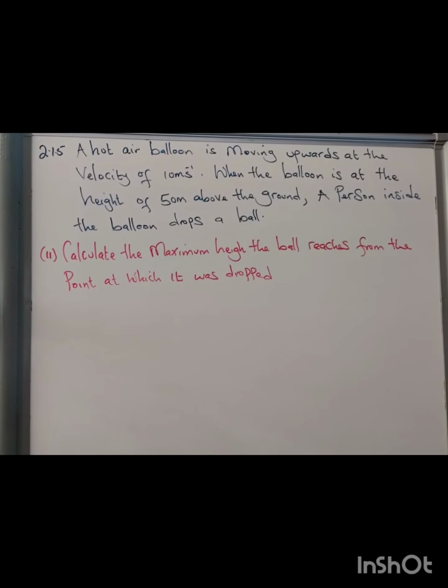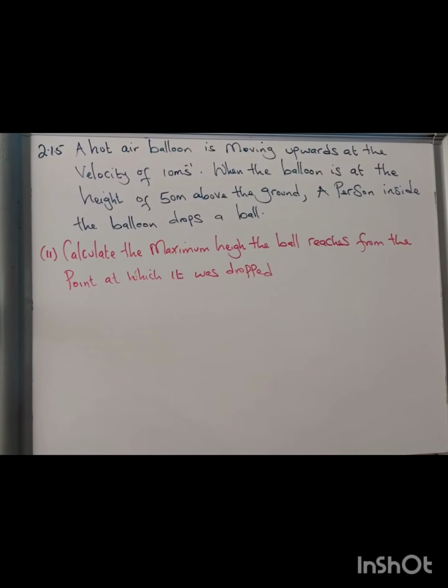Then comes this question. It says, calculate the maximum height the ball reaches from the point at which it was dropped. How do we deal with this one? Let us look at the data. What do we have?